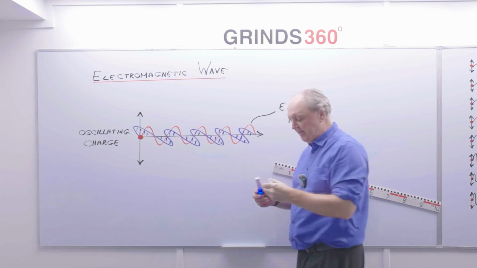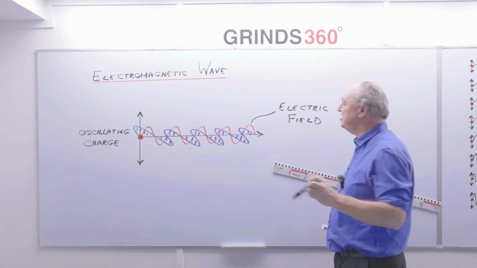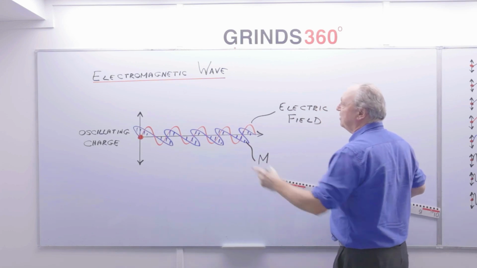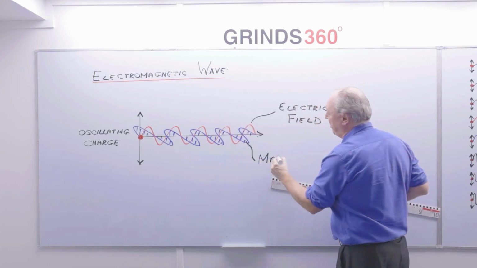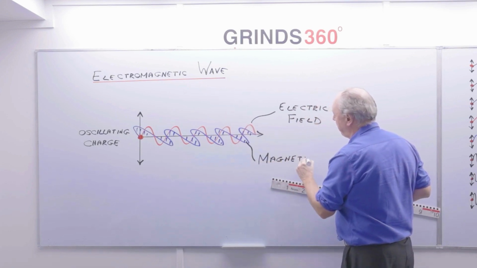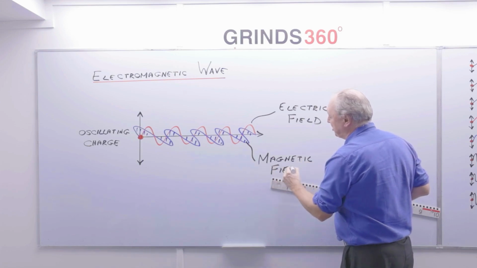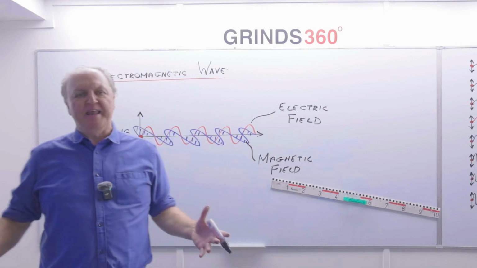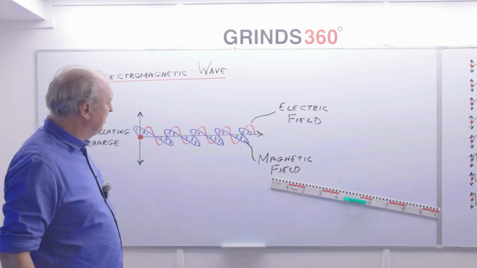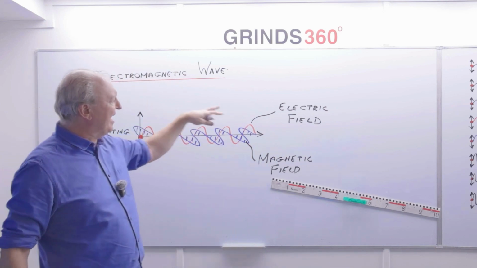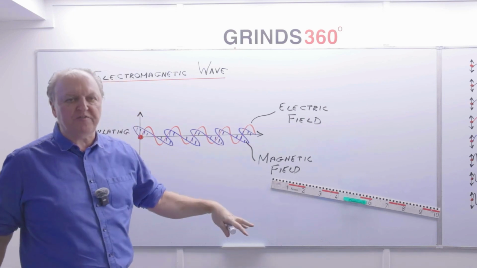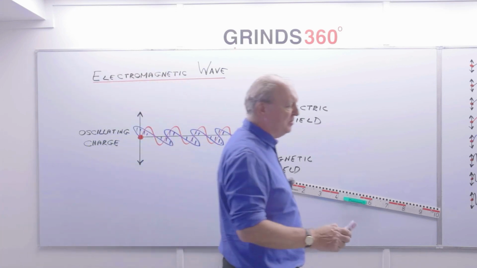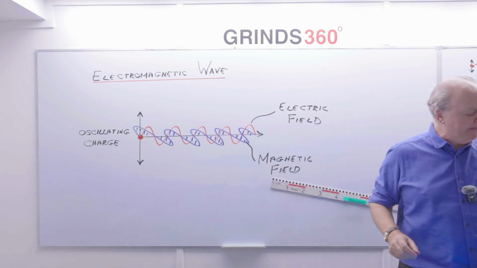And that blue wave there is going to represent my magnetic field. That's why we call it an electromagnetic wave. And that's essentially, at this stage, all you need to know about an electromagnetic wave. So be able to draw that and know there's an electric field at right angles to a magnetic field, and the whole disturbance travels out at the speed of light, which is 3 by 10 to the power of 8 meters per second.